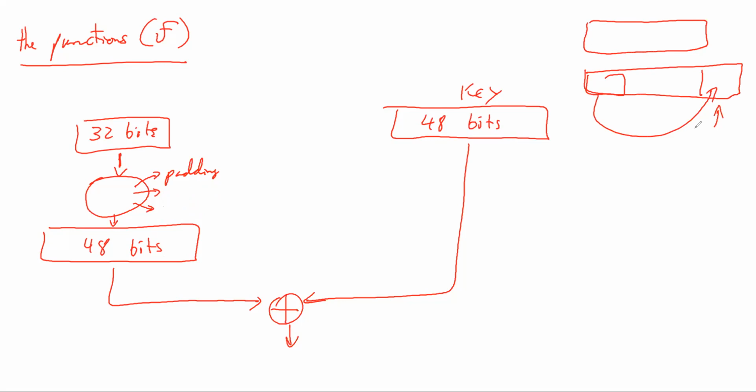Does that make sense? The point of it is just to get it to be equal size. It's just some approach. Let me rewrite these: replicate or shifting, some approach.